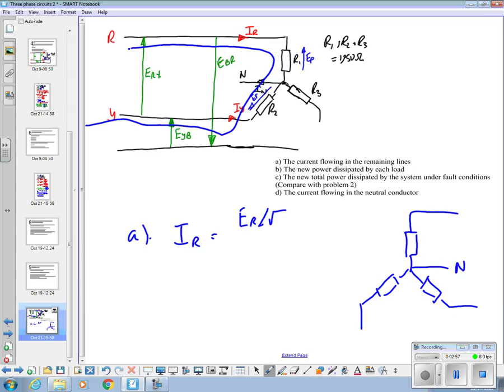The 300 volts, remember, is there to there. It's the line voltage. So this bit here to here is still 300 over root 3. That root 3 is nothing to do with the fact there's 3 of them. So you don't go down to square root of 2 when there's only 2 phases. It stays as is.